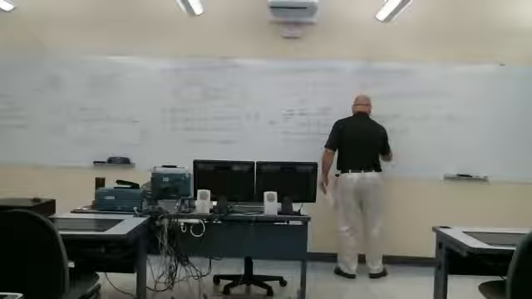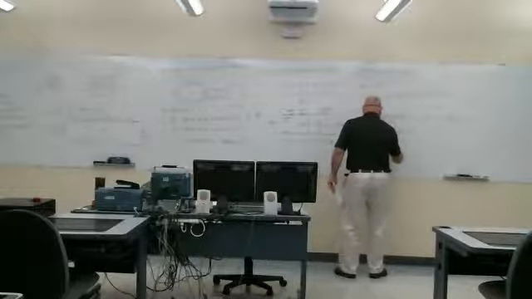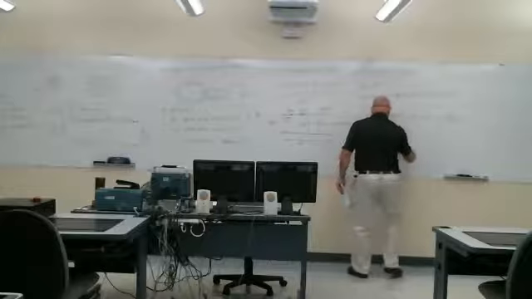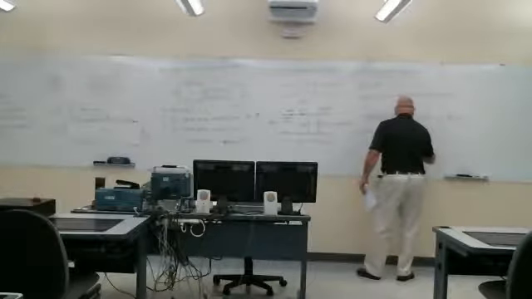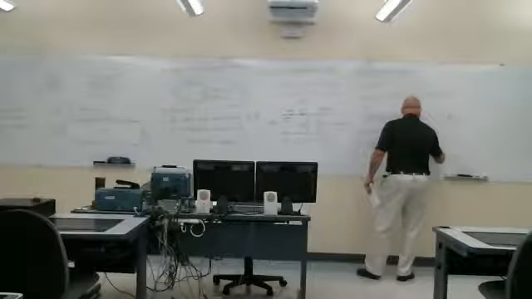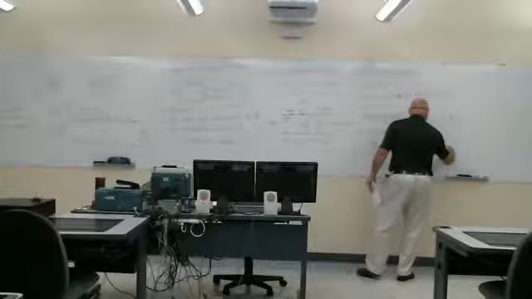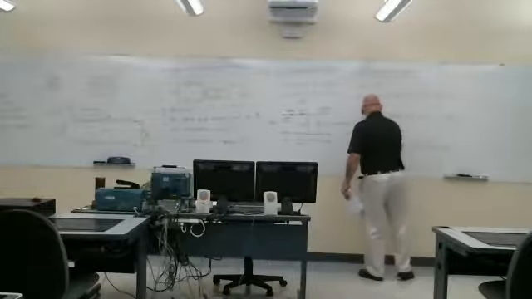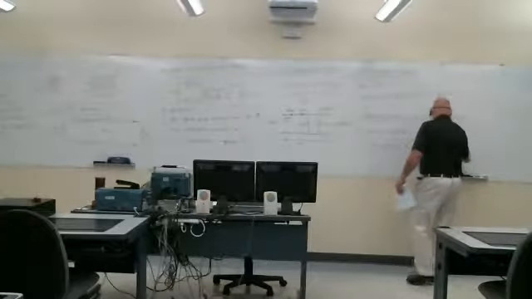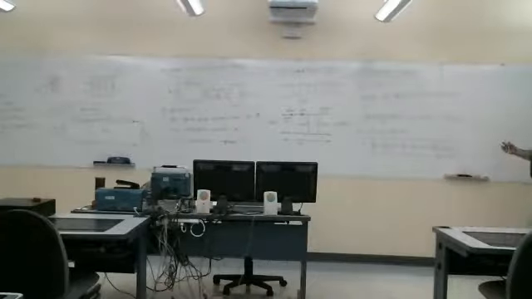We get the partial with respect to z of V(z, t) is equal to R prime I(z, t) plus L prime partial with respect to t of I(z, t). This is one partial differential equation relating the voltage and current at any position along the line at any time.